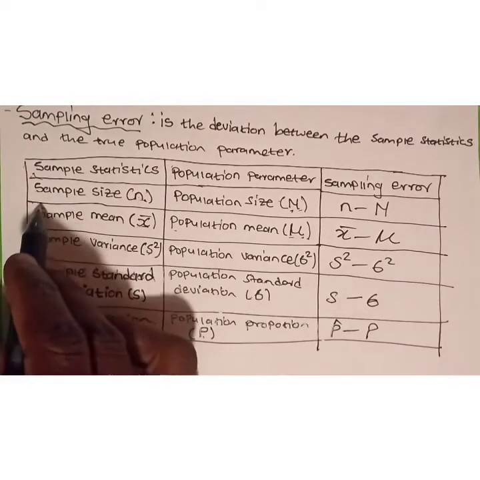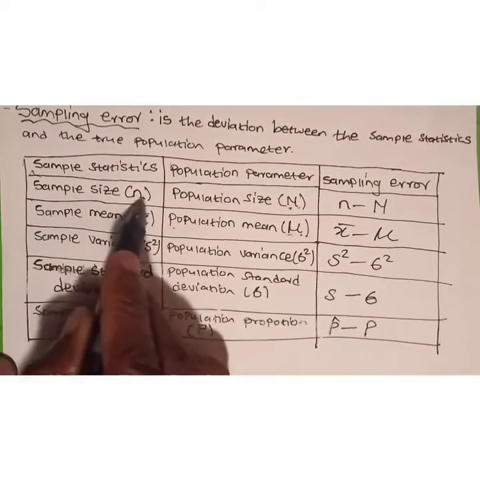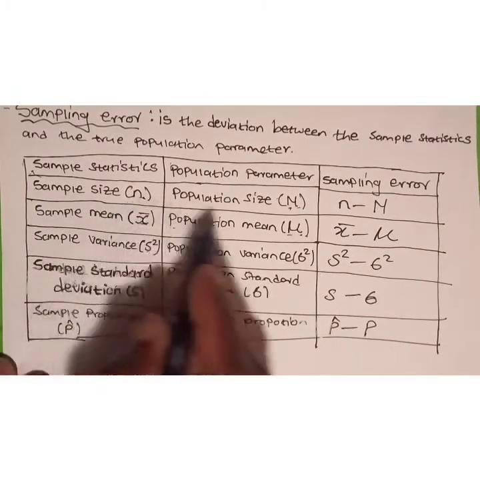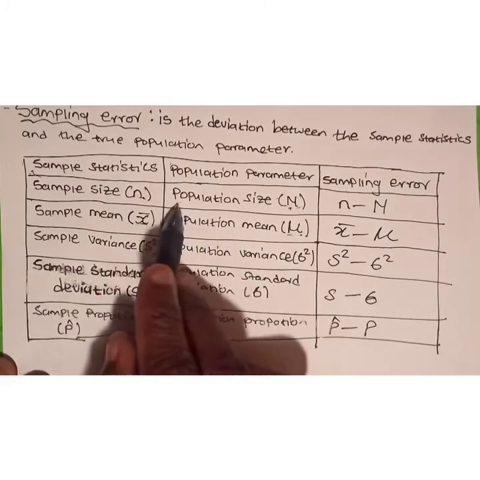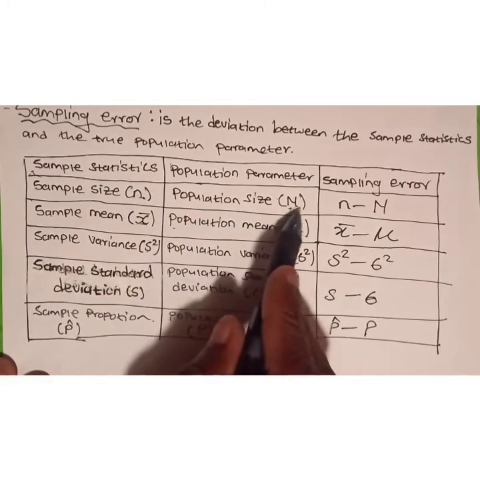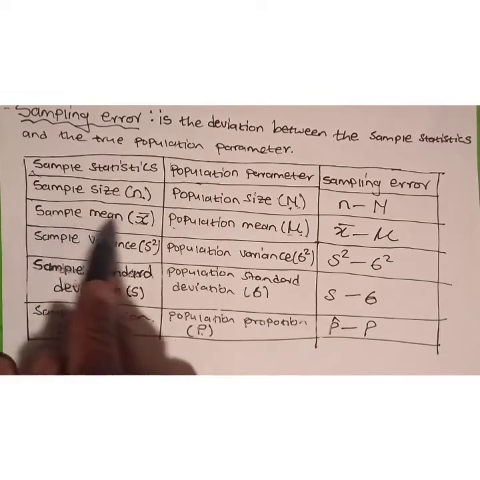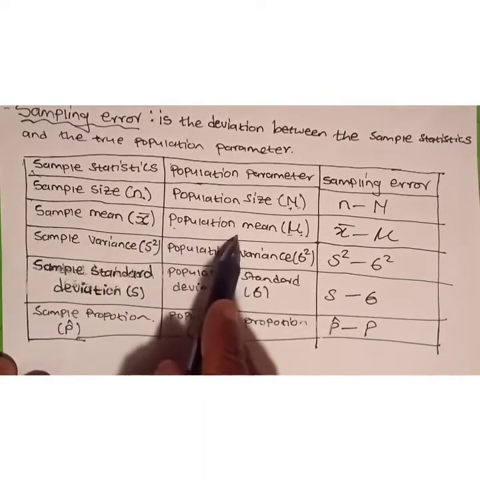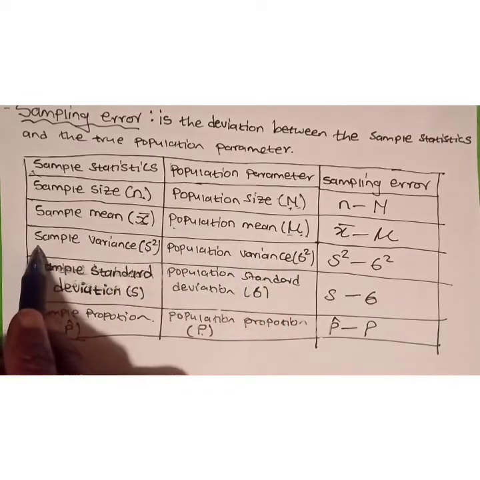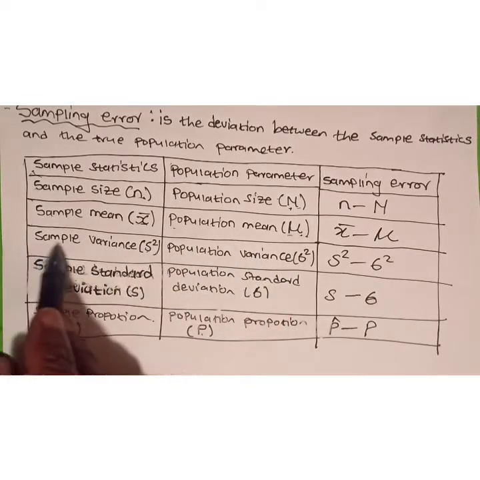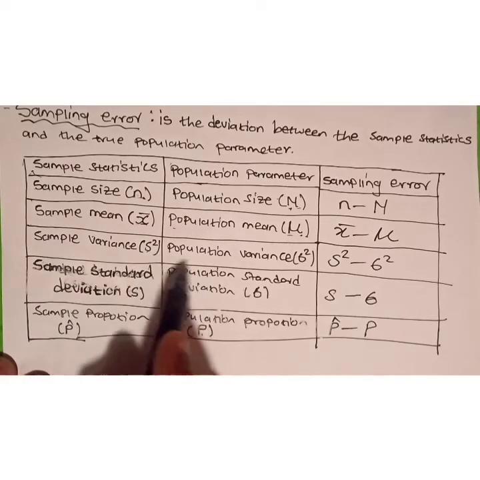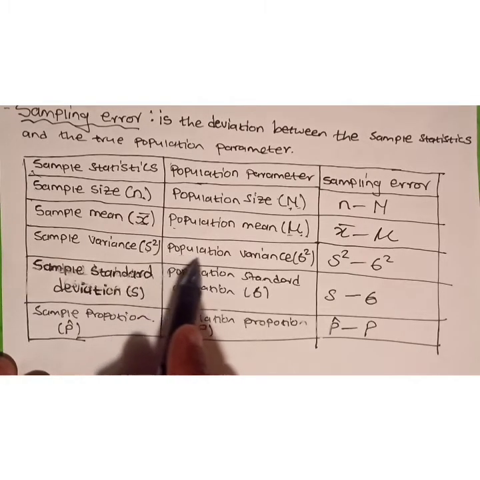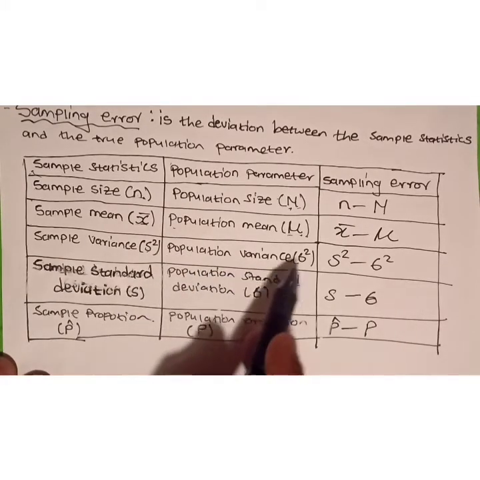We have the sample size, small n, used to estimate the population size, capital N. We have the sample mean, x bar, used to estimate the population mean, mu. We have the sample variance, S squared, used to estimate the population variance, sigma squared.